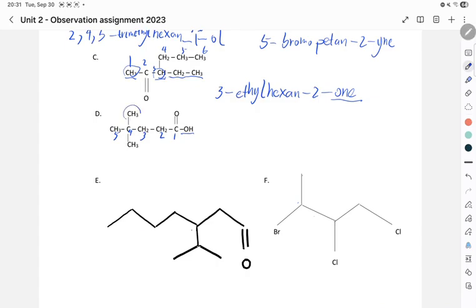And we notice that it has the branch here on the fourth carbon, and has 2 methyls, which means it becomes 4,4. And we use the dash, 4,4-dimethylpentane. Replace the E with OIC acid because it is a carboxylic acid.